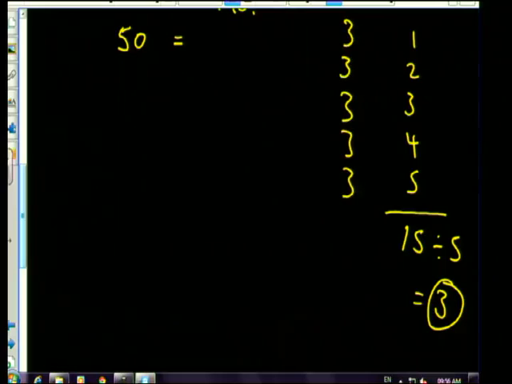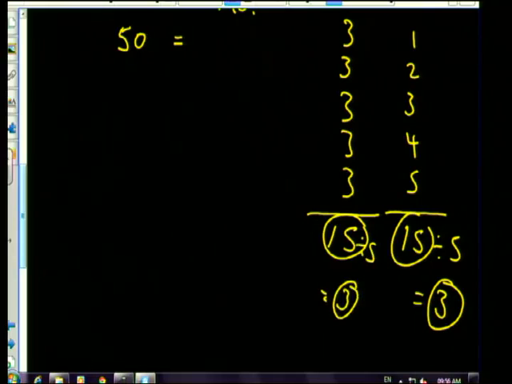How do I get that? Well, if I add, I'm also going to get 15. Look here, these totals are the same. If I divide that by 5, I also get 3. So all these kids have got different marks, but what one mark is a representation of that whole class, in this case, it would be 3.